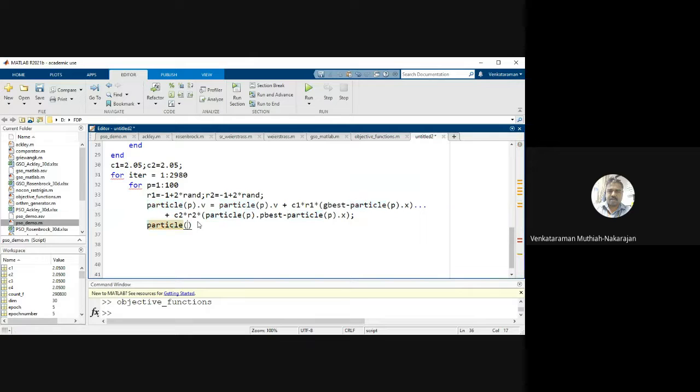You need to make sure that the particle does not go out of the bounds. So this is what you should do: restricting the particle within the bounds.